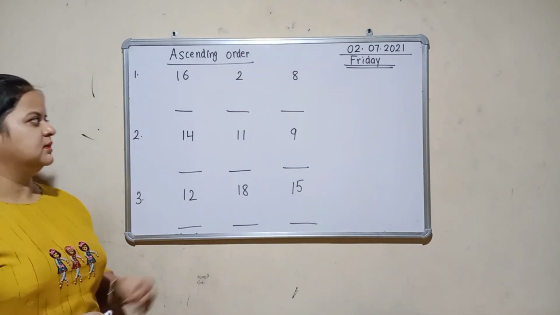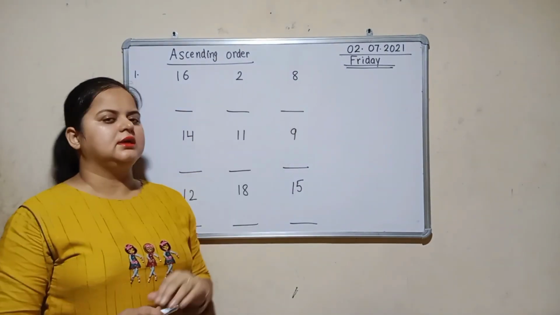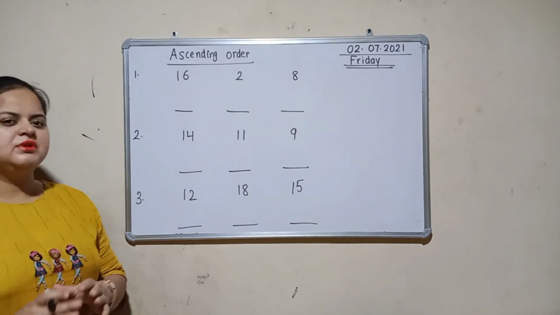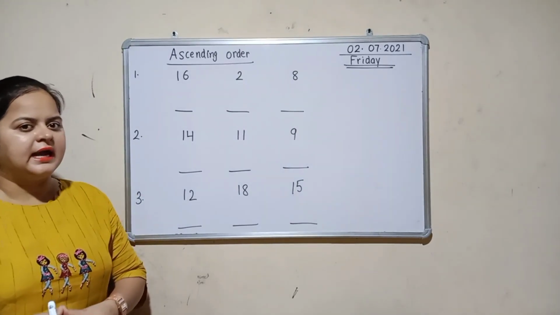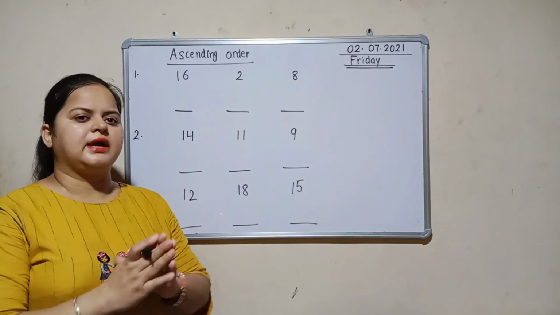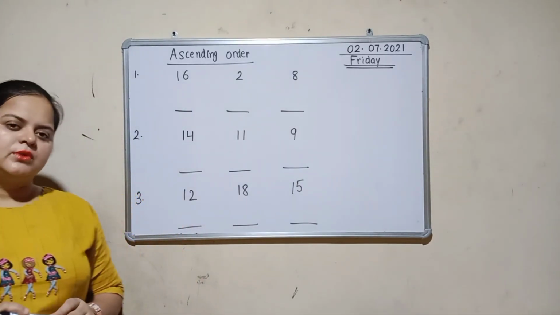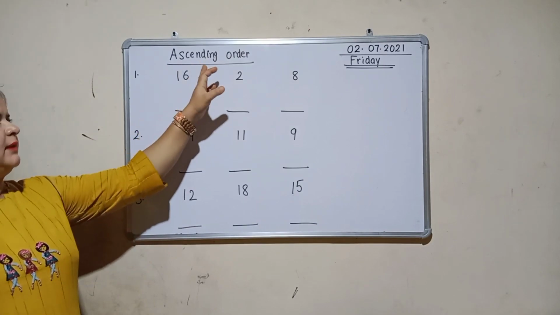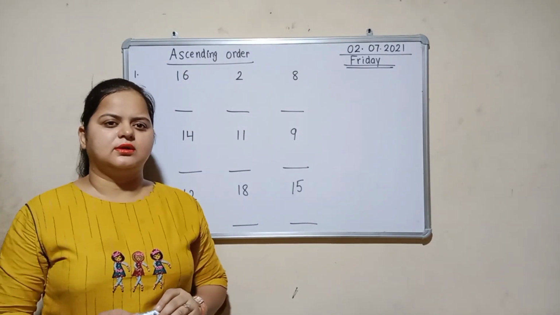Okay, the first is 16, 2 and 8. Always keep it in your mind that a one digit number is always smaller than a two digit number. First of all tell me, what is ascending order?